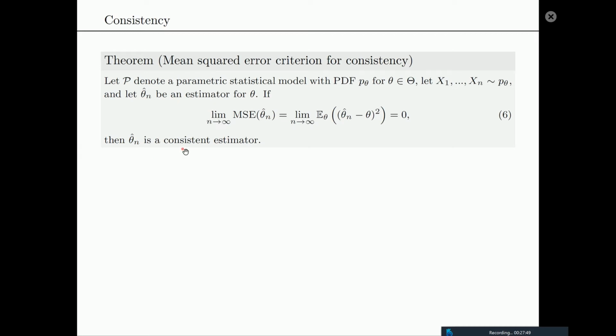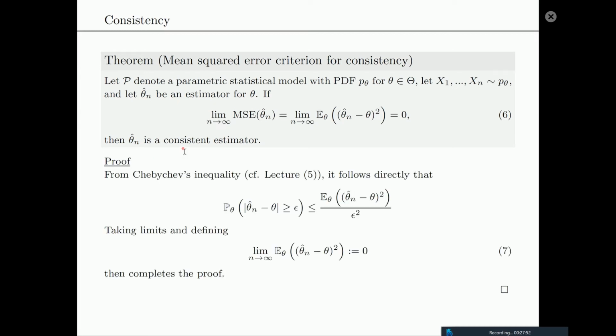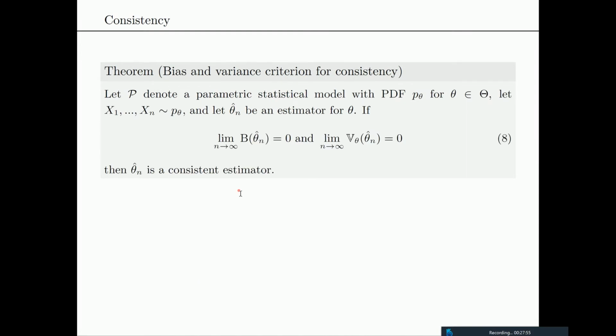This is helpful because we've already seen the bias and variance decomposition of the mean squared error. That means we can also look at the bias in the limit of large data samples and the variance of the estimator in the limit of large data samples. And if both of them go to 0, then because of the bias variance decomposition, also the mean squared error goes to 0 for large samples.